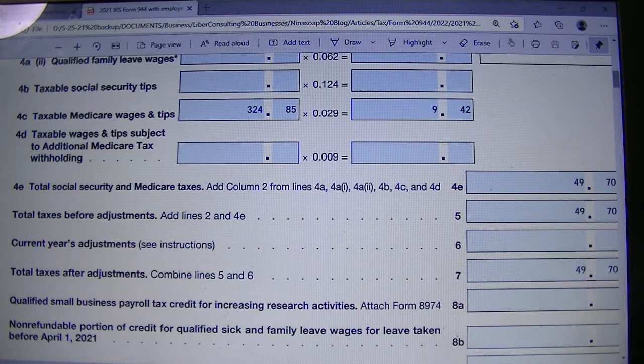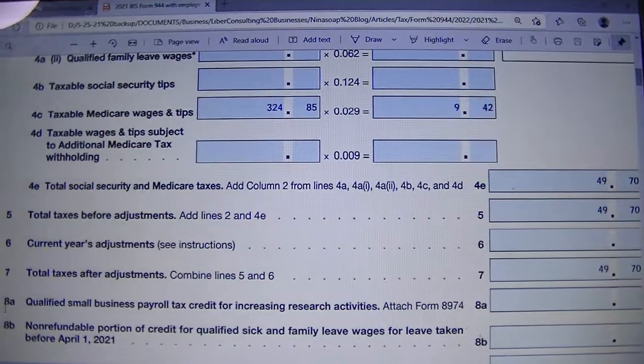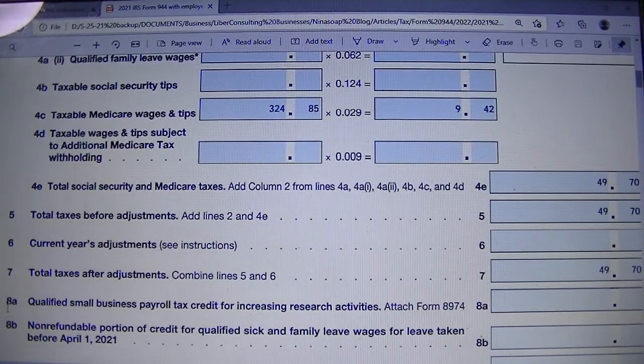Line 8 is qualified small business payroll tax credits for increasing research activities. If you think you are qualified for something like that, you might want to read the instructions, and probably you'll file Form 8974 and attach it. But I'm not going to go into detail in this example.